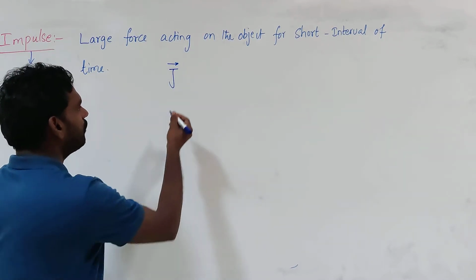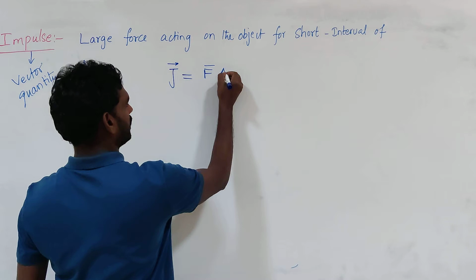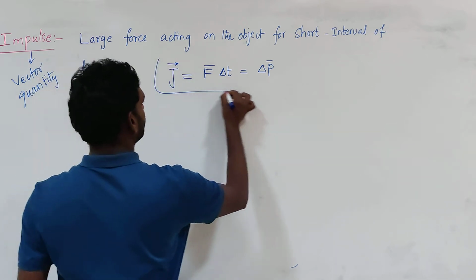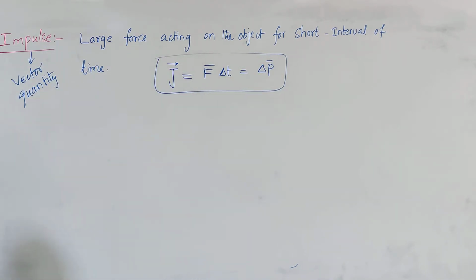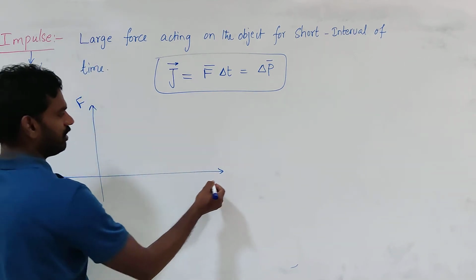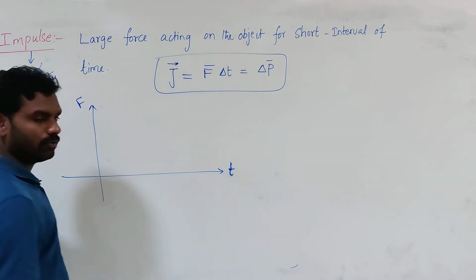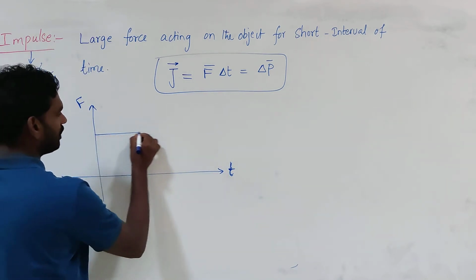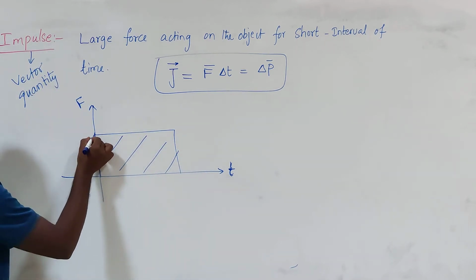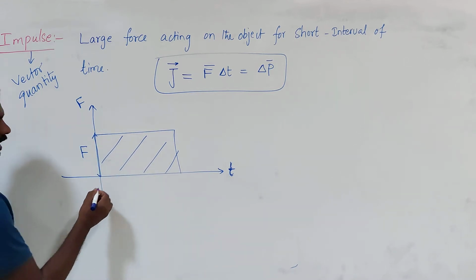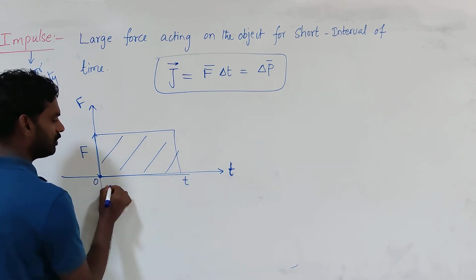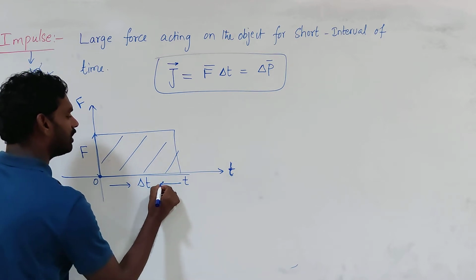We know the formula for impulse J is equal to F delta T, which is simply the change in momentum delta P. If I take the force versus time graph, the FT graph, on the y-axis there is force and on the x-axis there is time. From 0 to t, this interval is the time interval delta t.